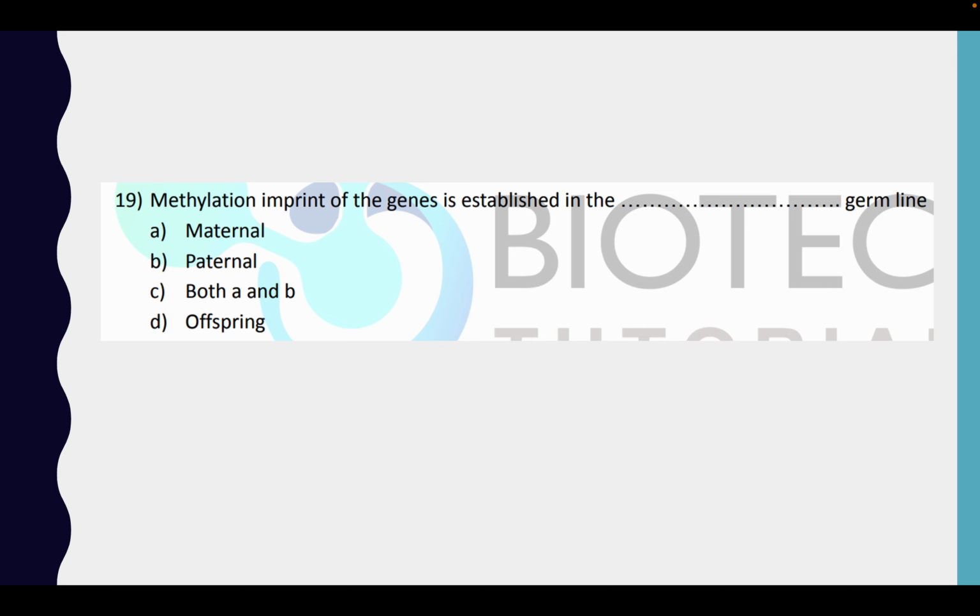Methylation imprint of the genes is established in the dash germline. Read about genomic imprinting.